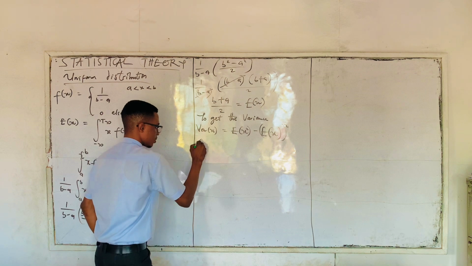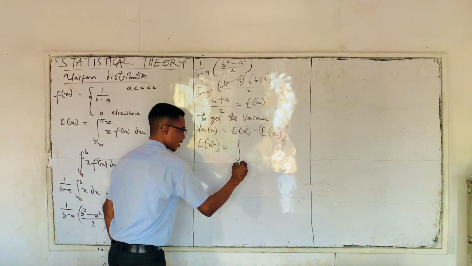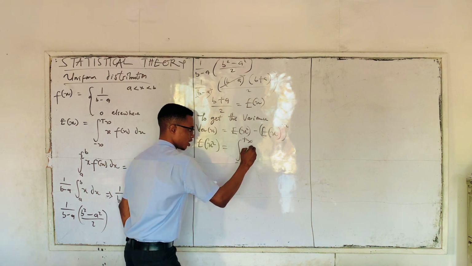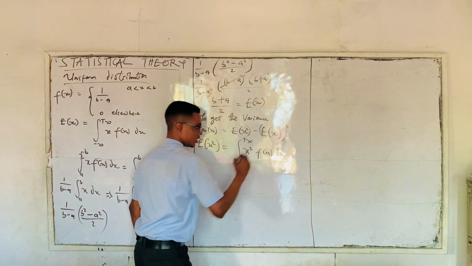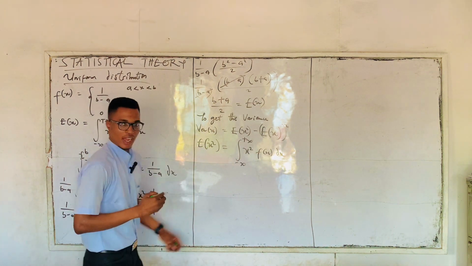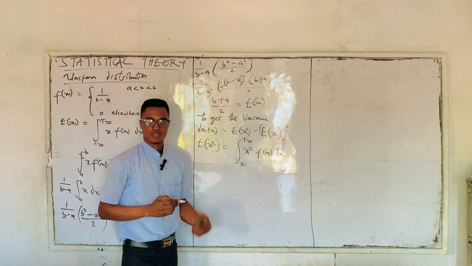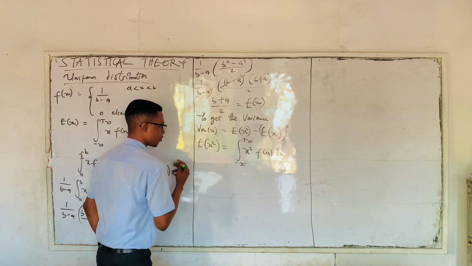So we have the expected value of x squared is equal to the integral from minus infinity to plus infinity of x squared f of x dx, where our f of x is 1 over b minus a. Of course, it is the PDF of the uniform distribution.